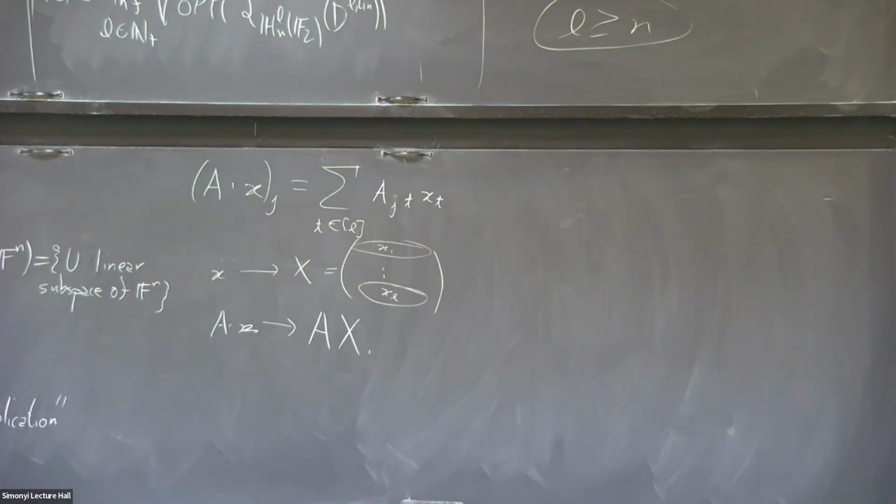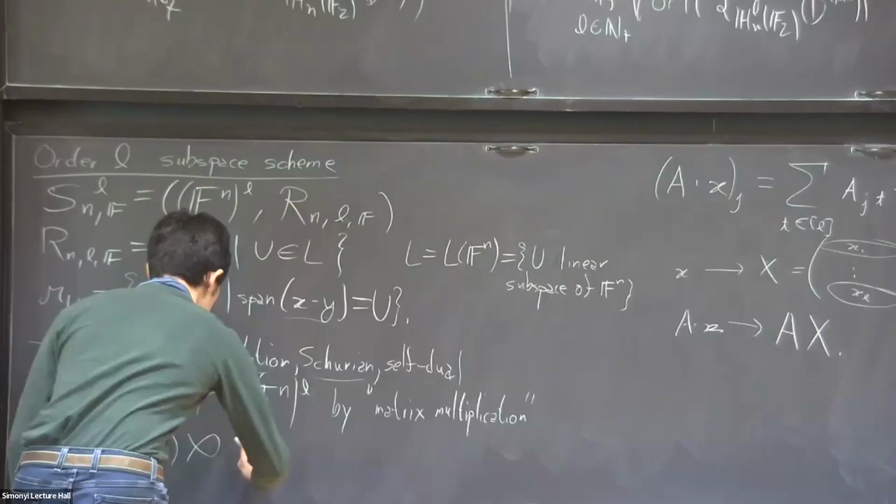So now it's obvious that in this action, not the diagonal one, but in this action, two tuples are in the same orbit if and only if they span the same space. And then when you put this action together with our favorite action by translation, you get again this weird semi-direct product.